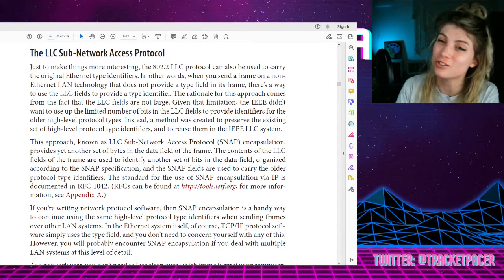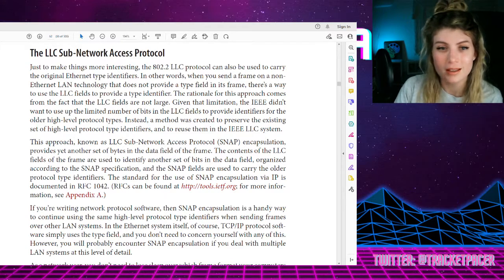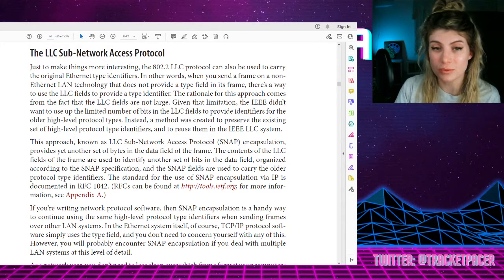Just to make things more interesting, the 802.2 LLC protocol can also be used to carry the original Ethernet type identifiers. In other words, when you send a frame on a non-Ethernet LAN technology that doesn't provide a type field in its frame, there's a way to use the LLC fields to provide a type identifier.